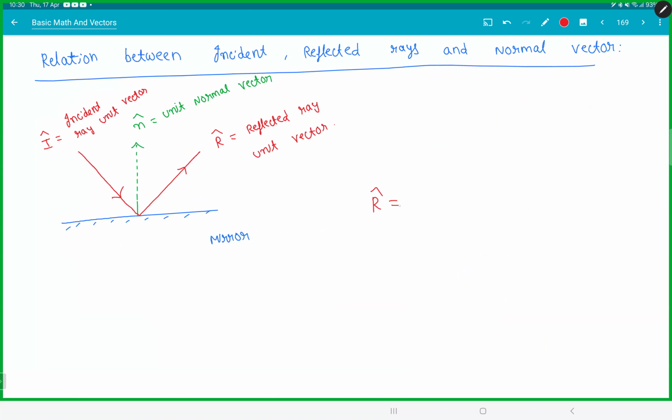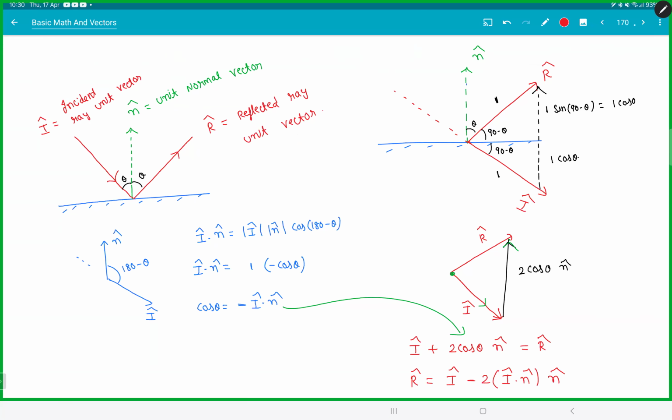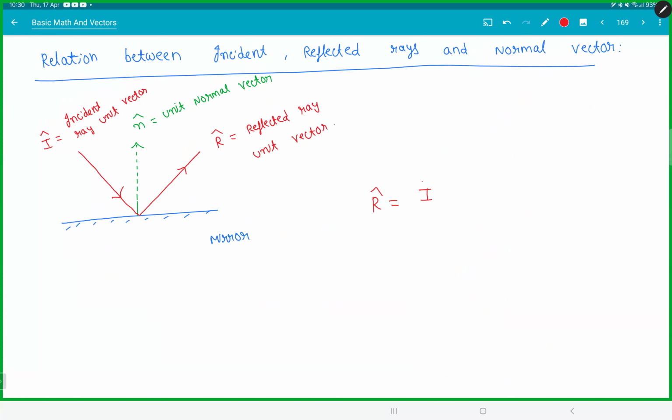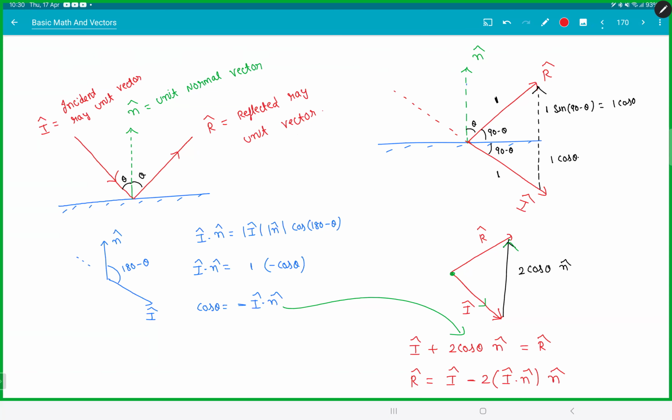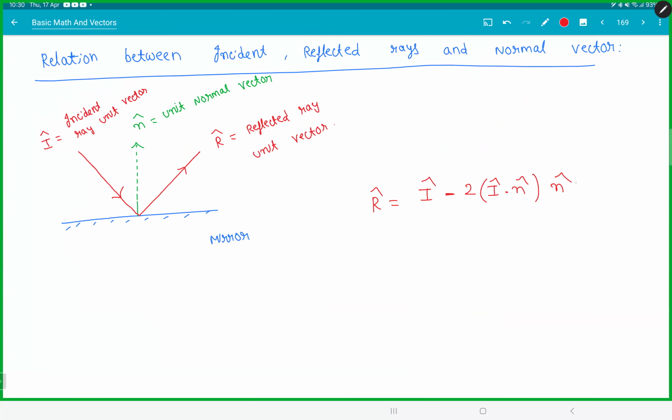This vector r cap is given by I cap minus 2 times I cap dot n cap into n cap. This is the relation between the reflected ray, incident ray, and the normal vector. This is how we'll get a question in advance.